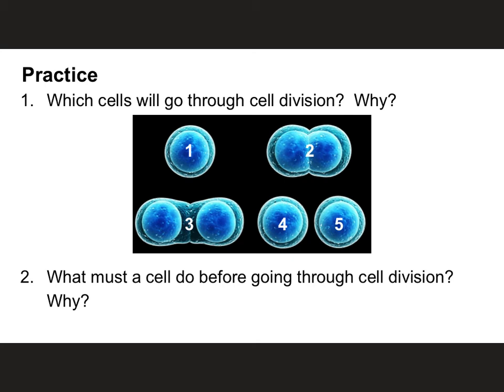So which cell will go through cell division? What you notice here is that cell 1 is growing larger, and it has already decided to go through a division step and to make two identical daughter cells.